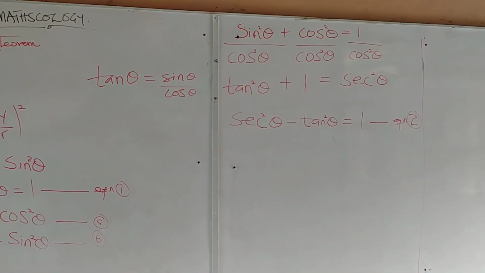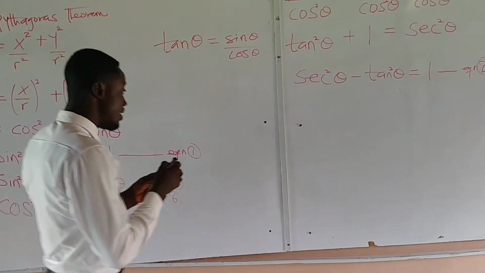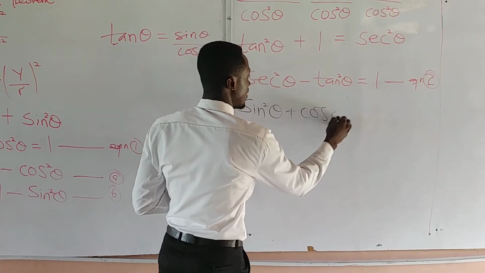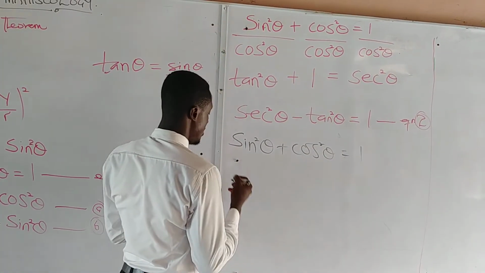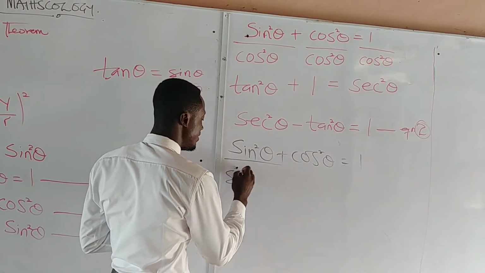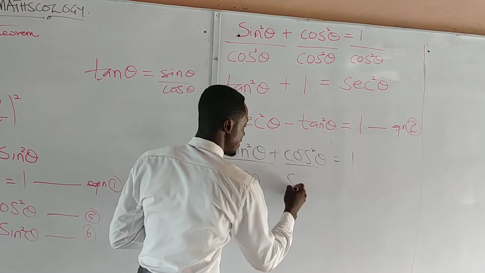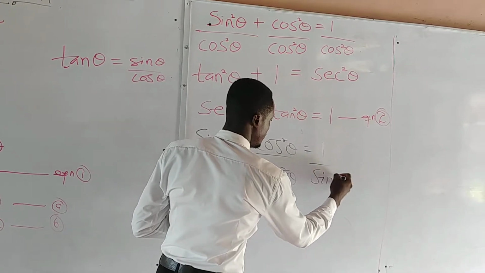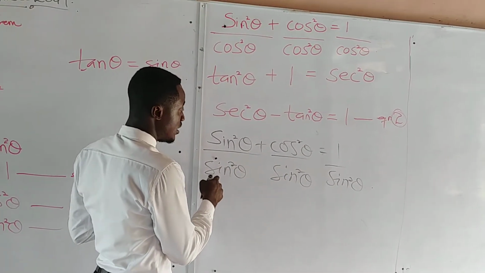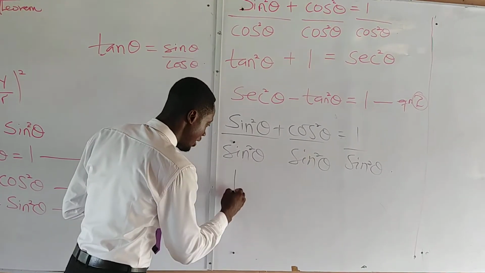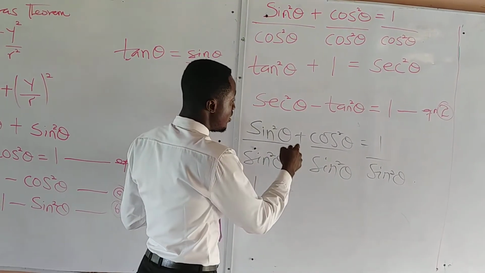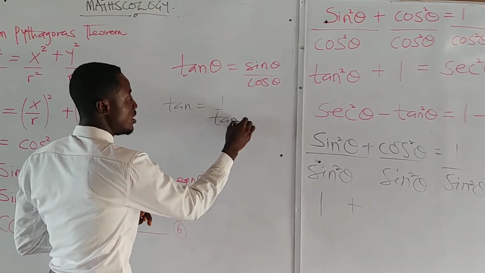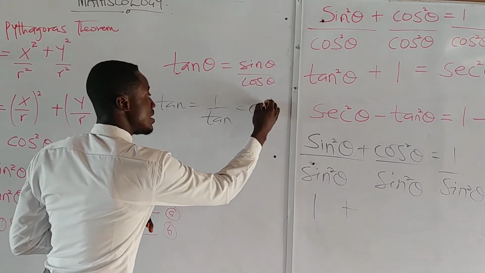And from our main equation, that is sine theta squared plus cos theta squared is equal to 1, let's divide through this time around by sine theta squared. Sine theta squared goes to sine theta squared 1 plus. Now, we are saying that the inverse of tan is 1 on tan, and this is the same as cot.